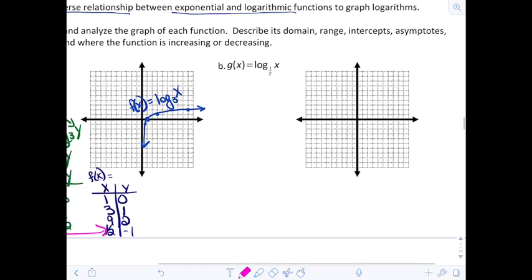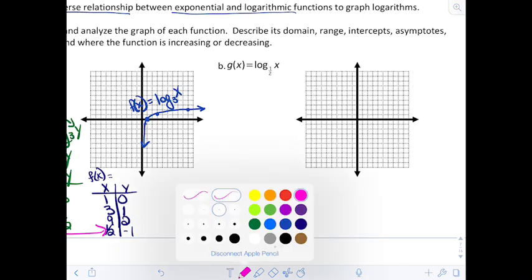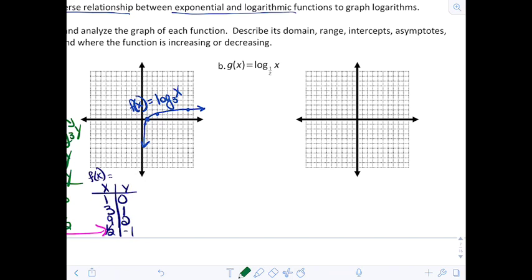Okay, we're going to do letter B, the log base 1/2 of x. If I want to graph this function, I'm going to write this as an exponential: 1/2 to the y power equals x. And I'm going to simply plug in y values for the exponent.